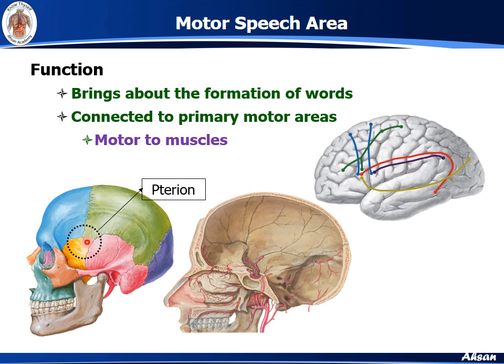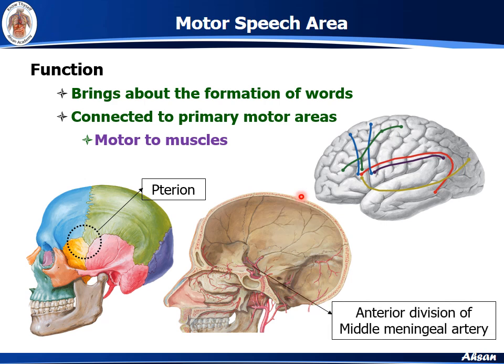So any injury here causing a fracture of this area, there will be tearing of this artery leading to excessive bleeding that may press this area, or a bony piece may be indrawn, causing injury to the speech area. So this is one of the very common areas affected by skull injury.